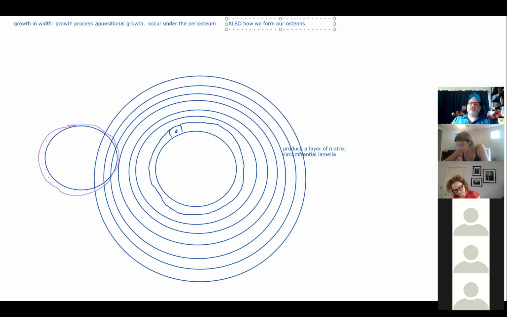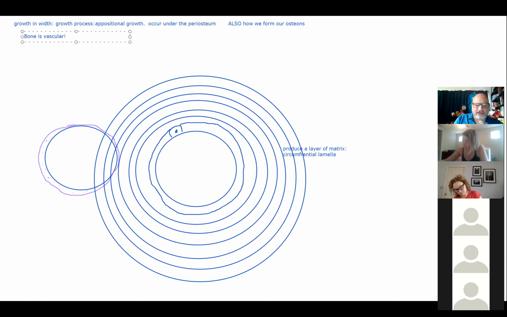We can't just cut through the bone and count the rings and tell how old you are. We also need to form the osteons. And the reason we don't get these perfect circumferential lamellae, these perfect circumferential layers of matrix around the entire bone, is because bone is vascular. And that's really the key.